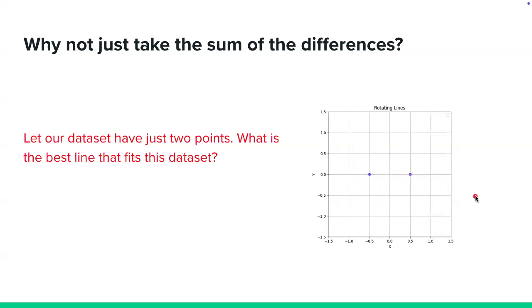So let's have a data set with just these 2 points, this point and this point. So now I want to ask you all, what is the best line that fits this data set? What is the equation?